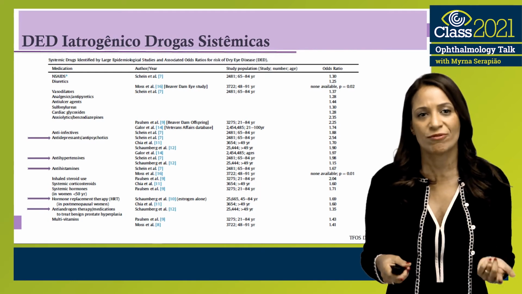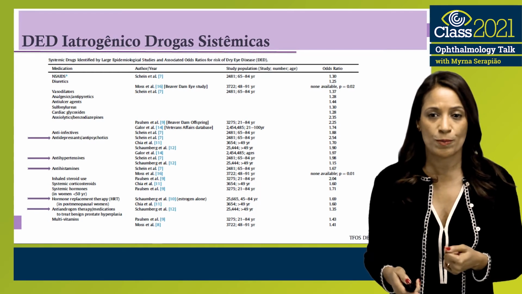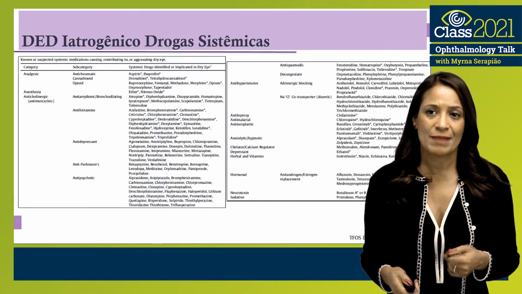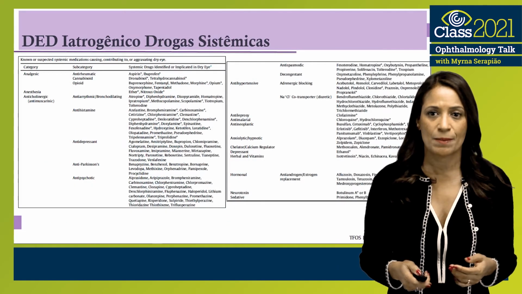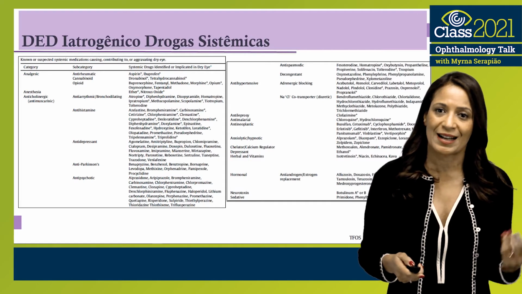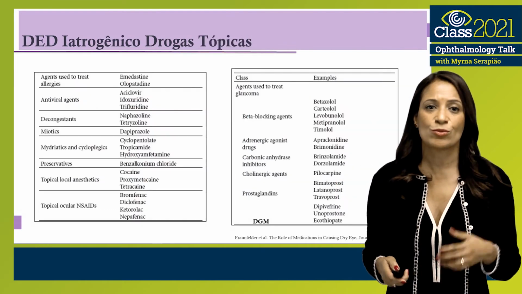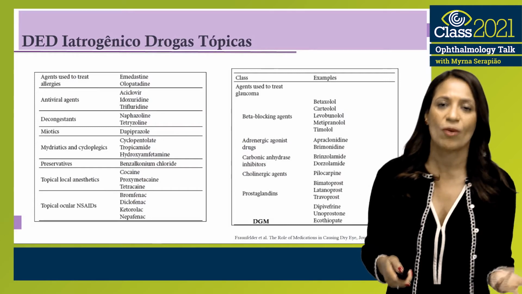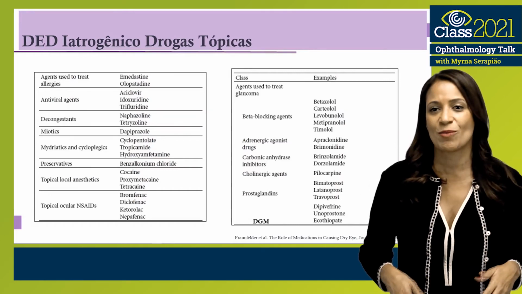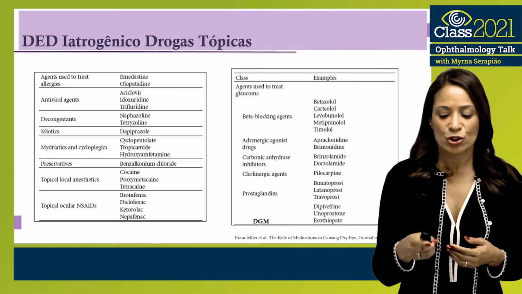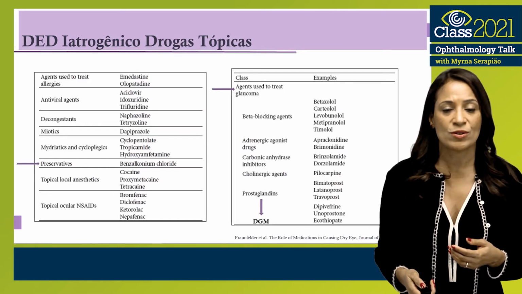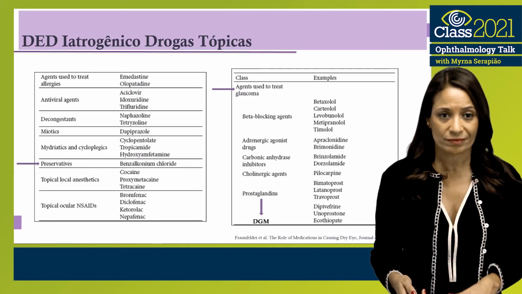In terms of topical drug-induced iatrogenic dry eye, we also have a plethora of drugs that can lead to dry eye, highlighting here the importance of preservatives, especially benzalkonium chloride, and we know the potential for toxicity to the surface epithelium and the pattern of destabilization of the tear film.